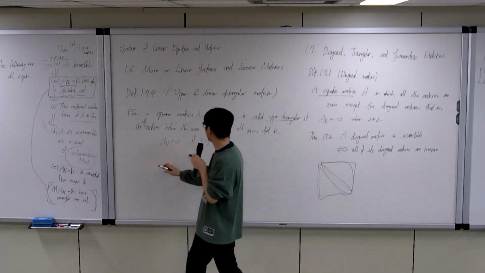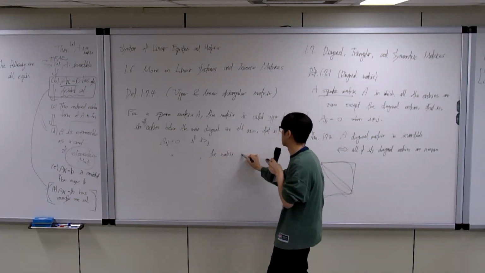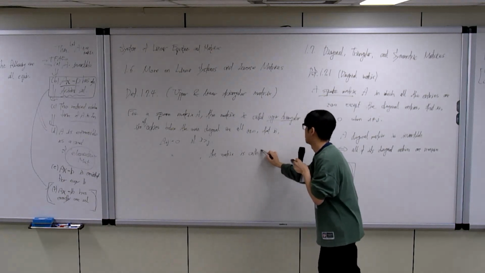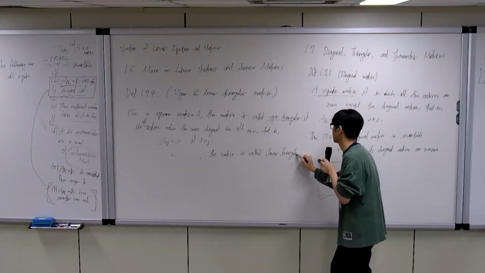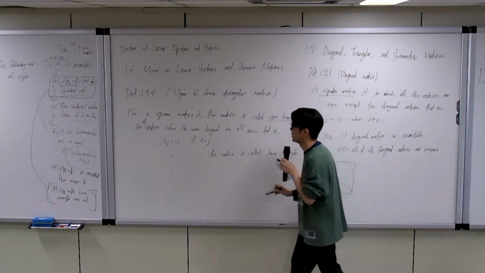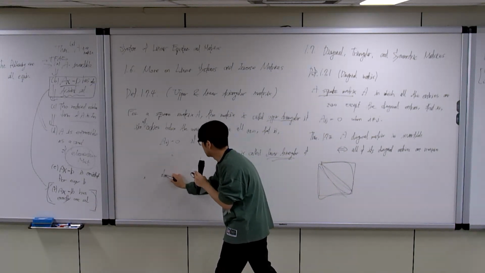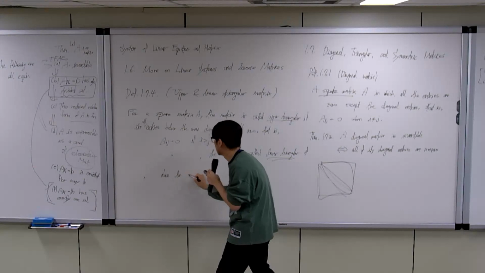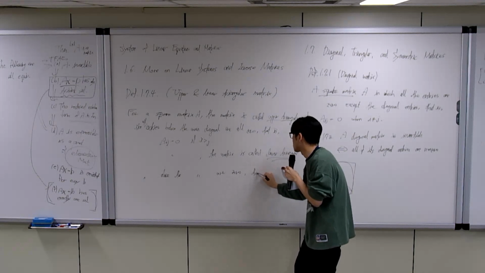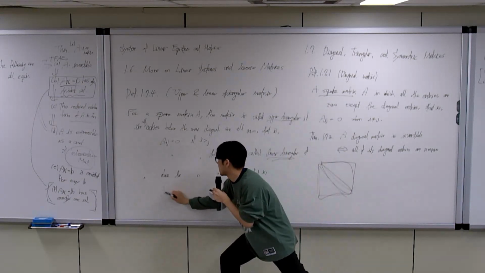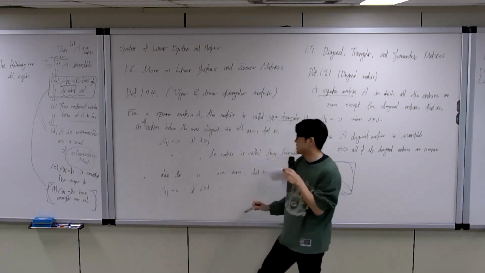Similarly, we can define lower triangular: all entries above the main diagonal are 0, and of course it means aij is 0 when j is bigger than i.